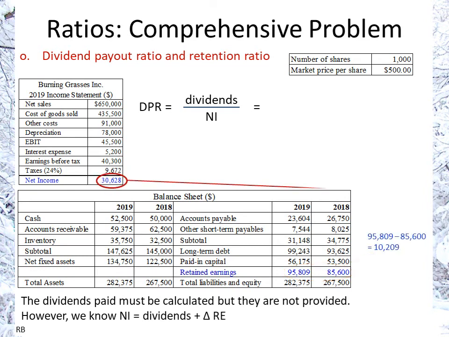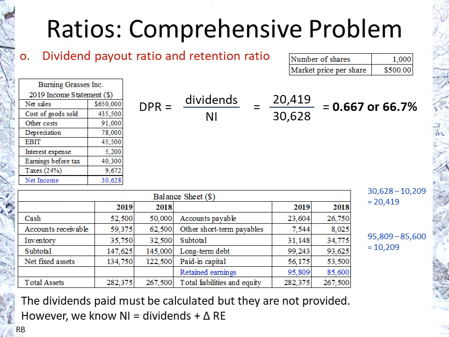So you can see that the net income was $30,000 and the change in the retained earnings was 10,208. So that means 20,419 was not kept. So that is the amount of dividends. So that goes as dividends. The net income is 30,000. So we're looking at a 2/3 payout, 66.7%.